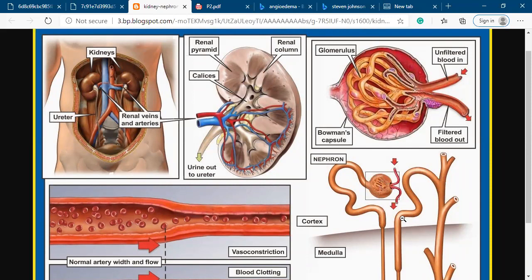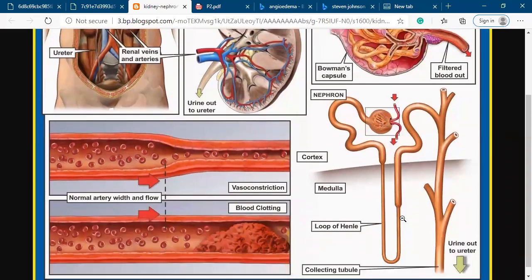As I told you, the nephron is the structural unit of the kidney. The parts of the nephron have a glomerulus within Bowman's capsule, which communicates with the tubules, right?